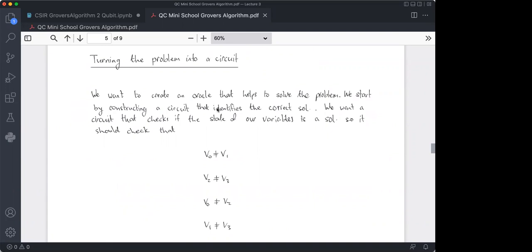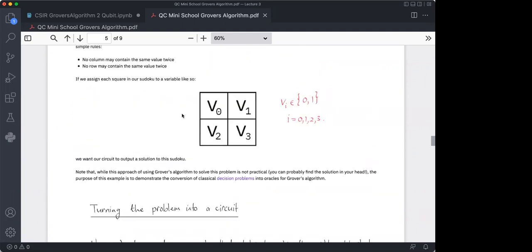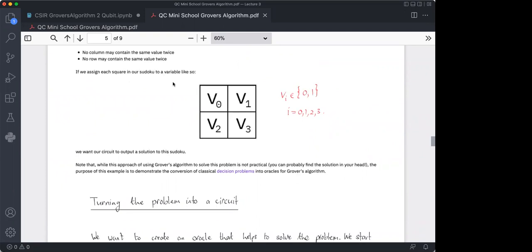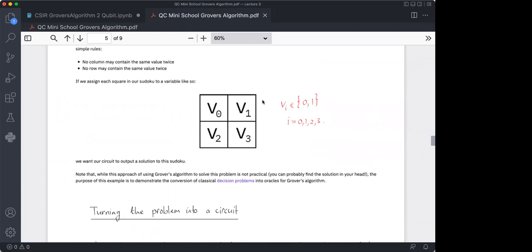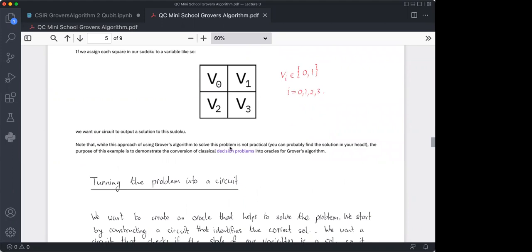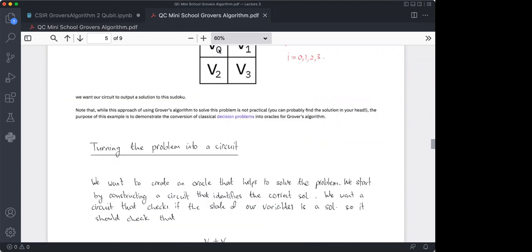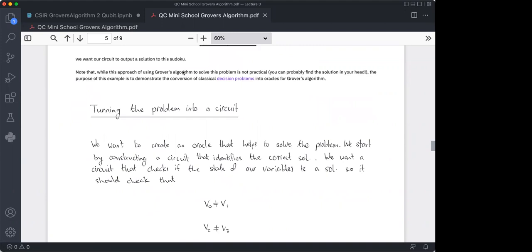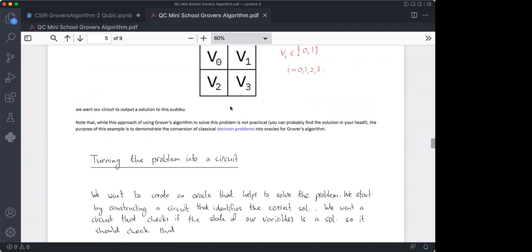So how do we know when something is a solution? Well, the values of V0 to V3 will be such that they satisfy the conditions that no column and no row will have the same value twice. So let's cast these rules into conditions on our variables.